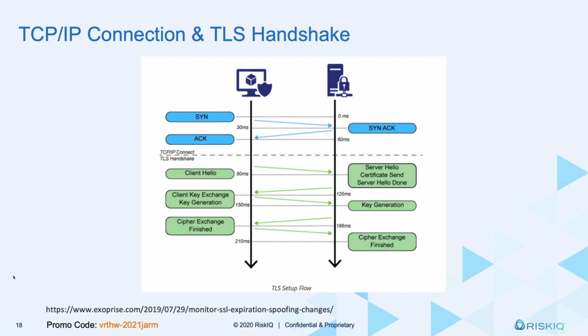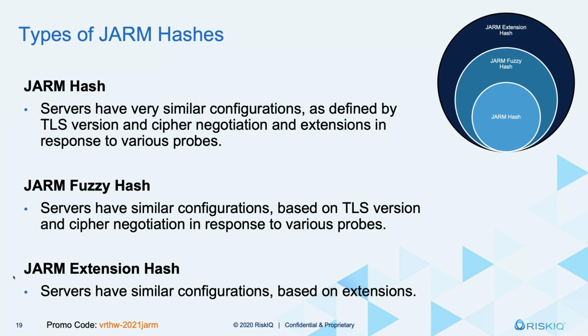If I hashed all these things, I could create something called a JARM hash, a fuzzy hash, and an extension hash. So think of the JARM hash as everything's set up the same. The fuzzy hash is saying the servers have a similar configuration, but based on the TLS version and the cipher negotiation, the response might vary a little bit. And the last one is the extension piece.